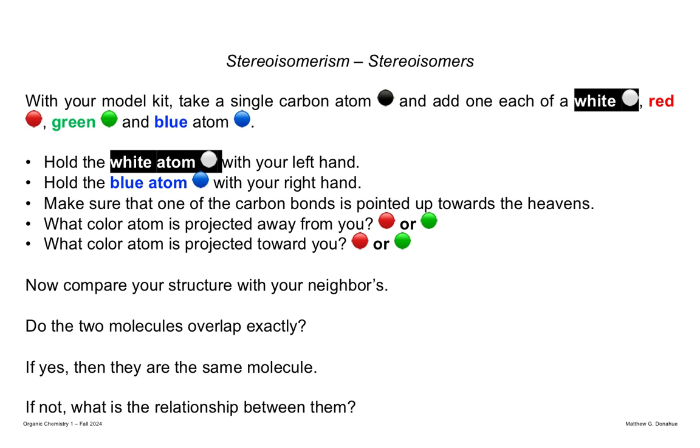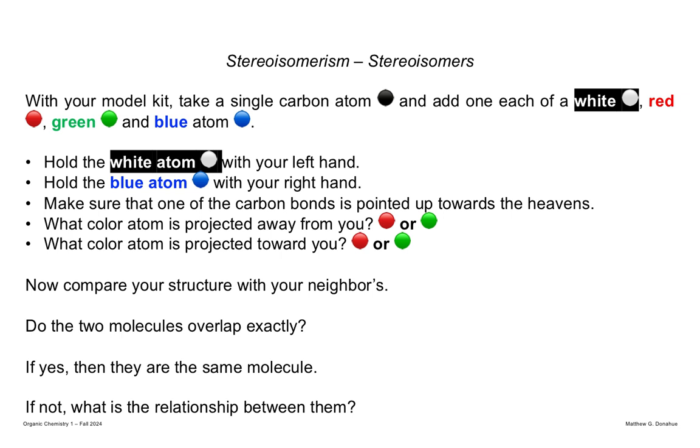So chirality describes mirror image stereoisomers that are non-superimposable. What your textbook will say is your hands. Your right and left hands are mirror images of one another. There's no way you can superimpose them to be the same thing.